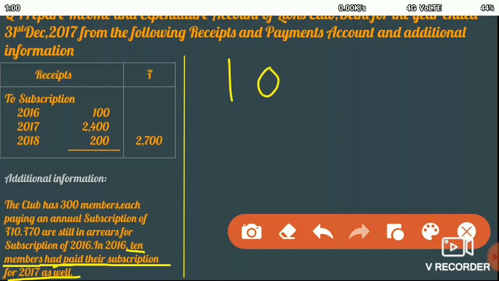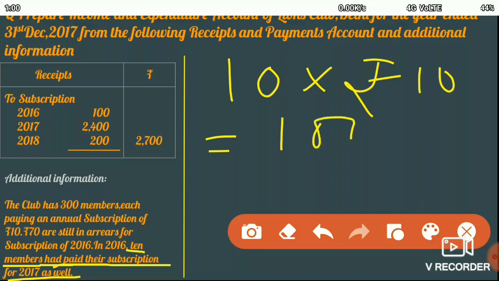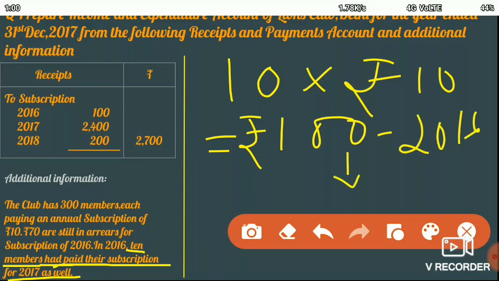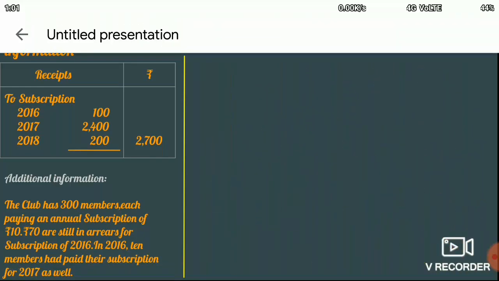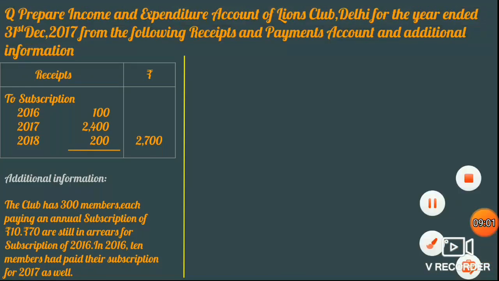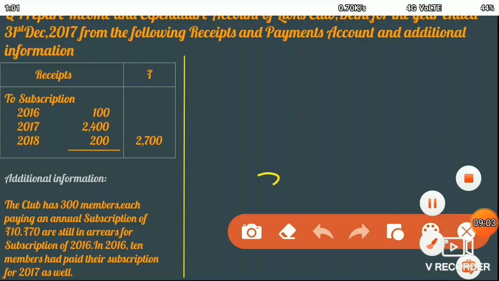That means they have paid 100 rupees in advance. 100 rupees advance subscription was received in 2016, but this belongs to 2017. So we have to show this 100 rupees in the account of 2017, because this is the subscription of the current year. So if we have to show the details of this 3,000 rupees, we will show it in this way.